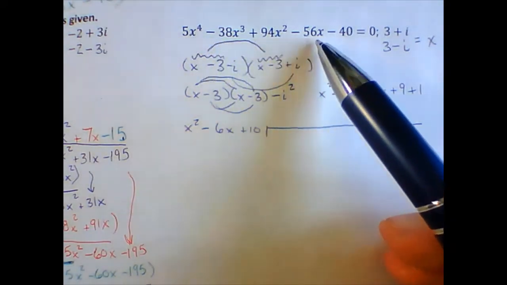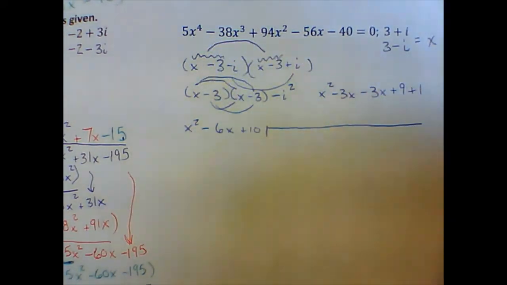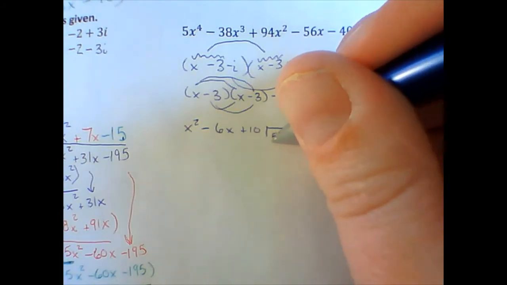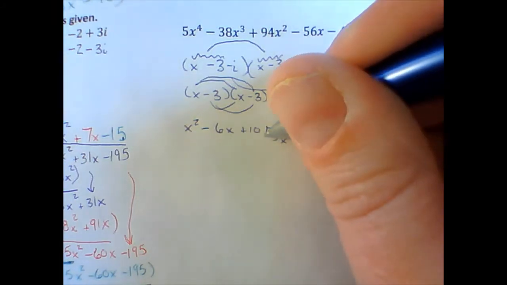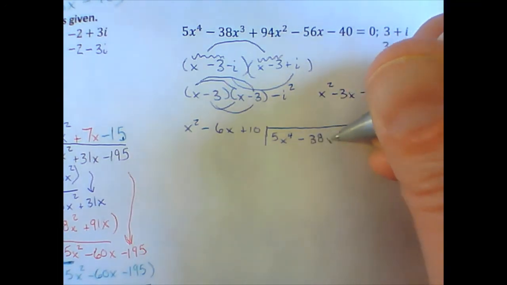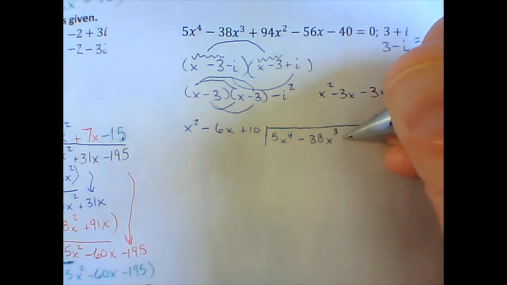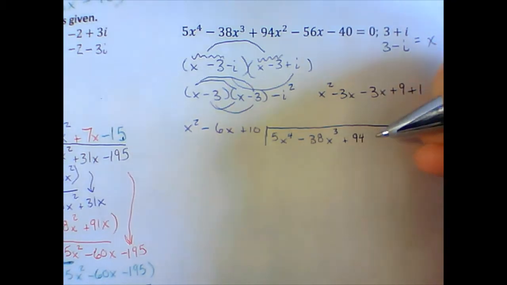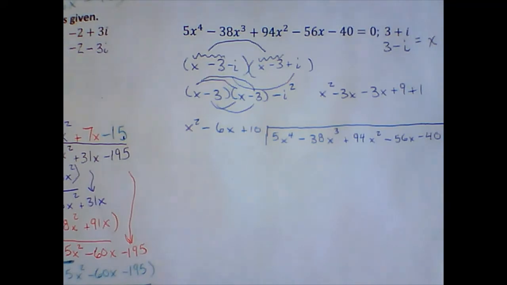Now we're going to take this group that we found and divide it into the original polynomial to find the other group, because the other group has the roots or the answers that we're missing. So two of the answers, 3 plus i, 3 minus i, we've got them. But the other two answers are missing, and if we find the other group, we can find the other answers.